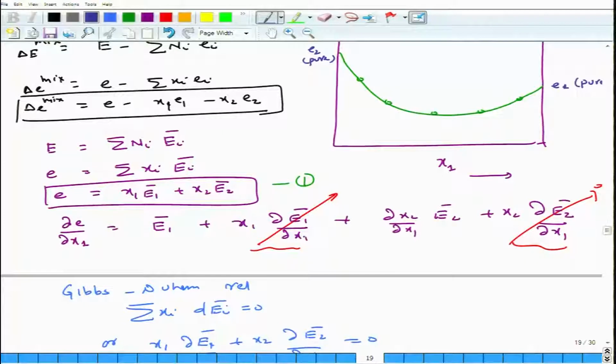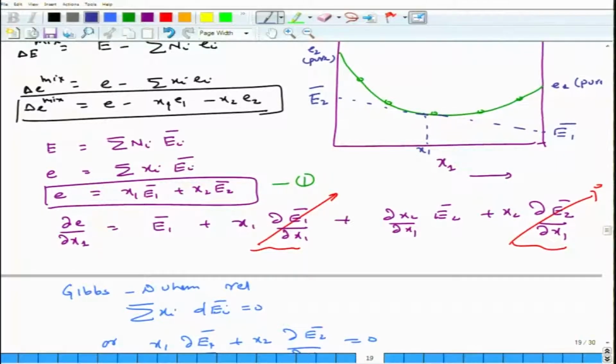Graphically it is much easier, because E2 is nothing but the intercept, which would be straightforward based on the relation which we have developed here. So, if this is the x1 which you are interested in, I take a slope. The left hand side intercept would be E2 bar. Similarly, you can show that this is nothing but E1 bar.